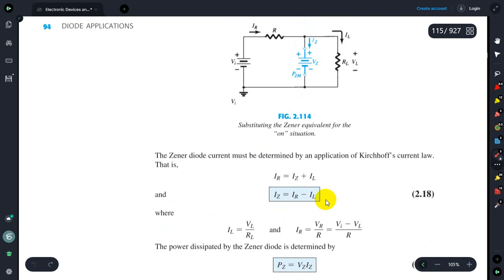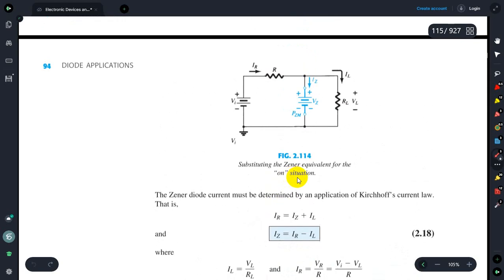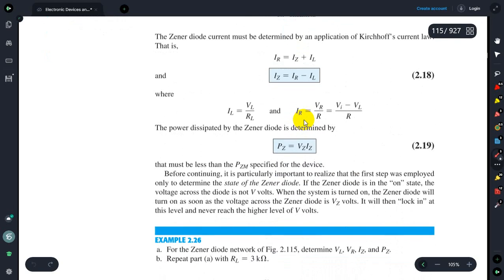For every device, the data sheet has a rating. This zener diode can support a maximum power dissipation, PZM, M for maximum. So this value must be less than the maximum value, otherwise things will get burned out.